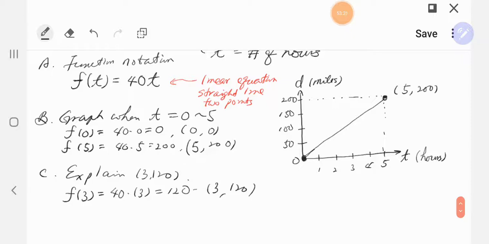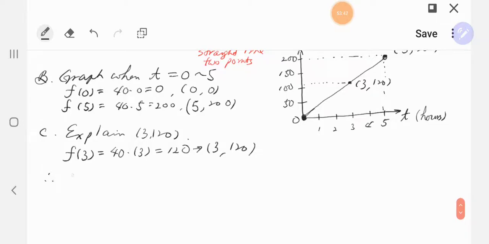So 3 and 120 means when t is 3, the distance will be 120. Sorry for the noise. When t is 3, 3 hours later, the total distance the car traveled is 120. That's what it means.